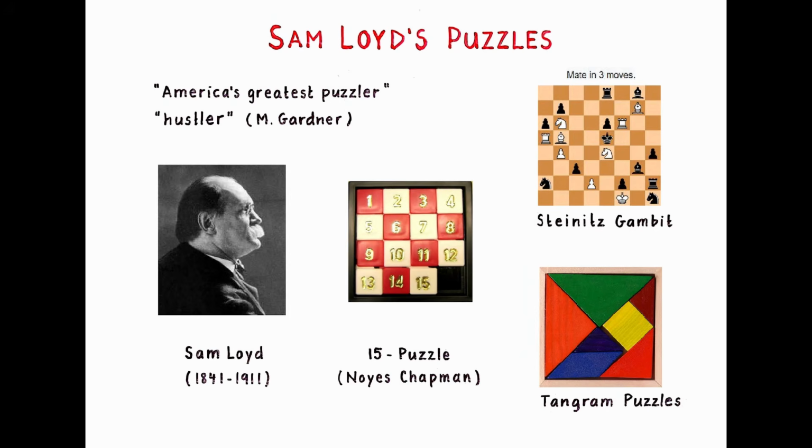He was a puzzler, but as Martin Gardner puts it, he was also a hustler, which is true, and an excellent chess player. In his time, he was among the 20 best players of the world, and he had a lot of beautiful chess puzzles.